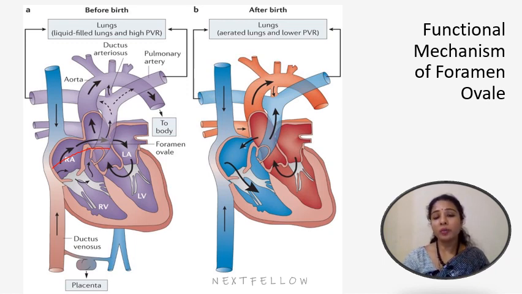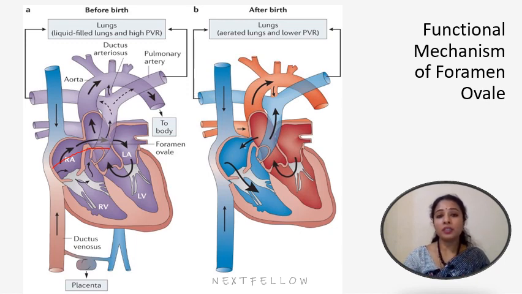So when blood accumulates in the right atrium, it pushes the septum primum towards the left and the foramen ovale opens. So the blood flows from right atrium to the left atrium. When the blood flows from the right to the left atrium, the thin flap of septum primum moves away and there is no obstruction of the blood flow.